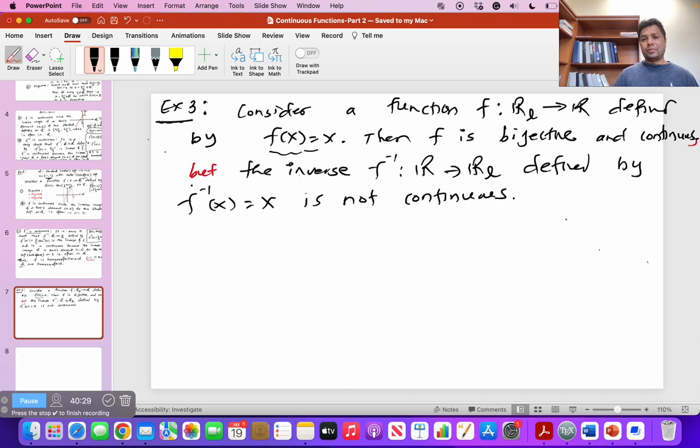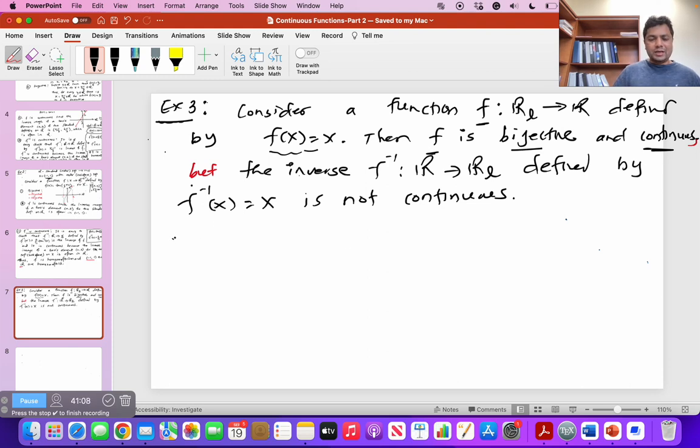So in this example, what we saw is we have a function f which is bijective and also continuous, but its inverse is not continuous, so this function is not a homeomorphism. That means you can have a function which is bijective and continuous but not a homeomorphism.